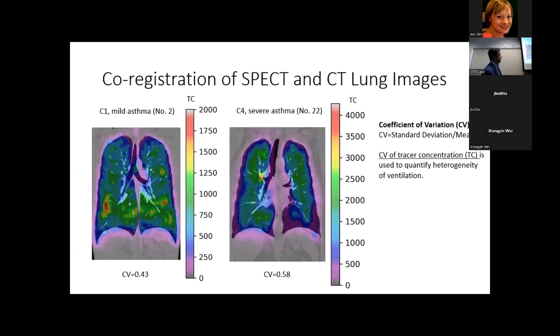And we use CV to quantify heterogeneity of particle deposition. So you can see, for instance, on the left-hand side, CV is 0.43 versus 0.58. You can see with severe asthma, we have local hotspots compared with mild. There are no clear local hotspots.